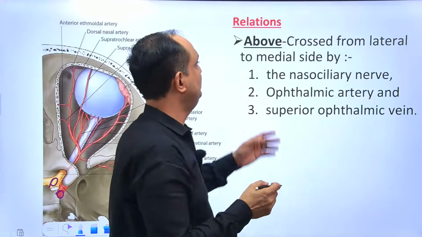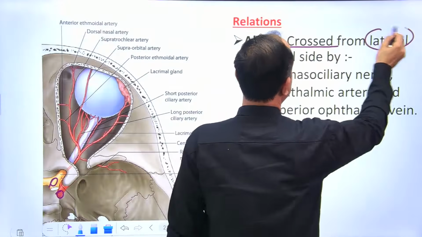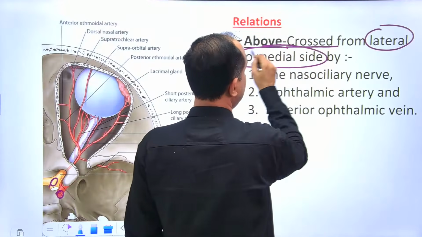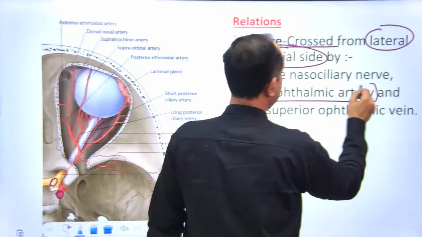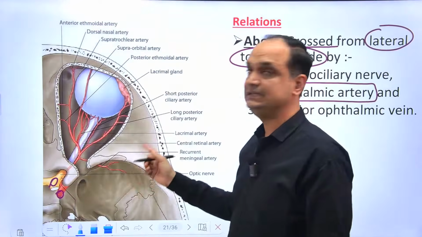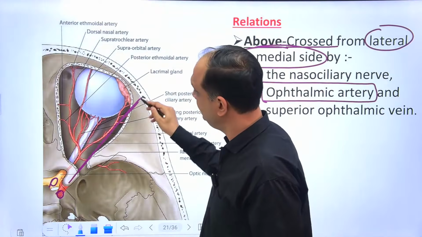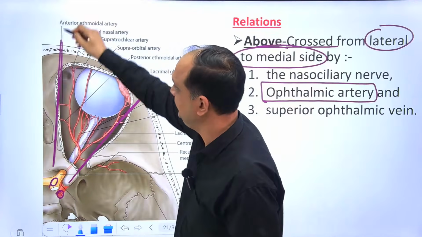Clear? So this is important: the nerve is crossed from lateral to medial side by the ophthalmic artery. I hope this is very clear in your mind, and it is visible in this diagram also, that this is your lateral side because this is oblique, and this is the straight side, so this is medial.